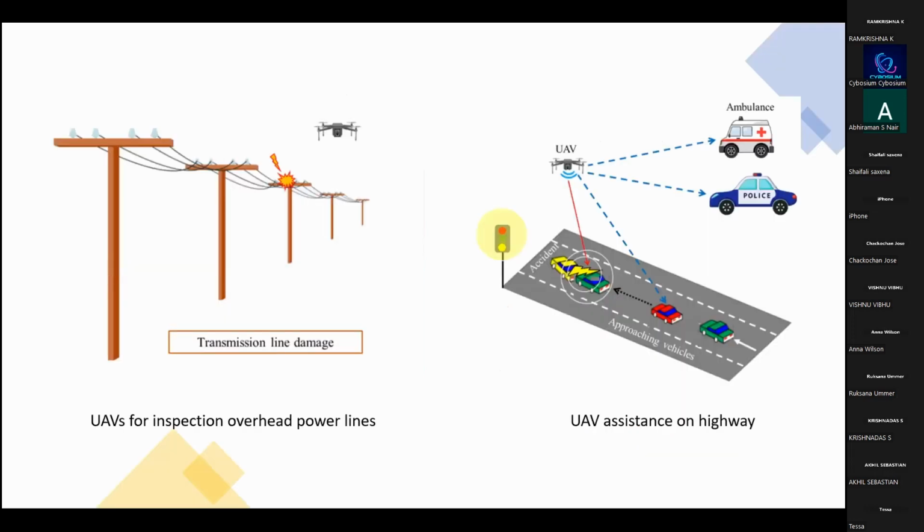At your places also, you might have seen power line damages, which happen during bad weather and such conditions. Normally a human goes and fixes those power lines, but here the drone can go and monitor where the problem has happened.